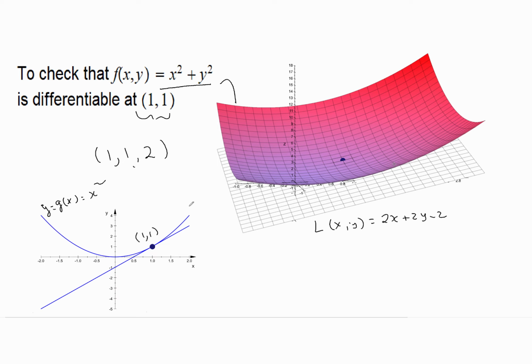This is the graph of the function x squared, this is the point (1, 1), and this line is 2x minus 1. We can bring this graph of the parabola as close to the graph of this line near the point (1, 1) as we please by staying close enough to the point (1, 1).